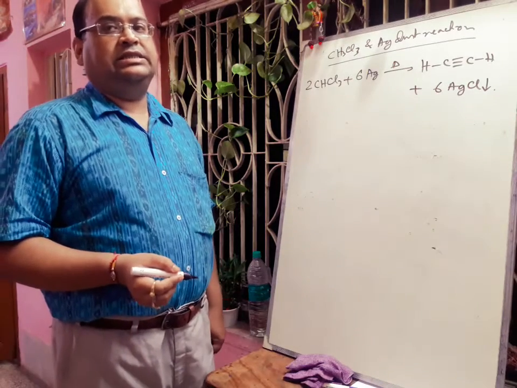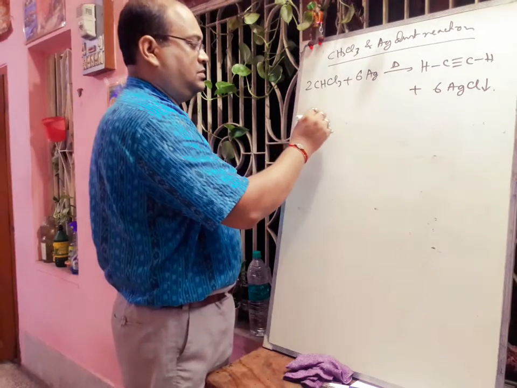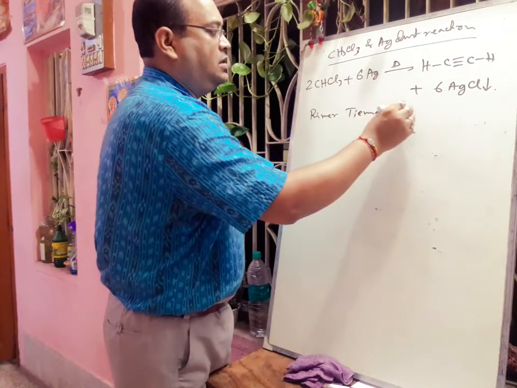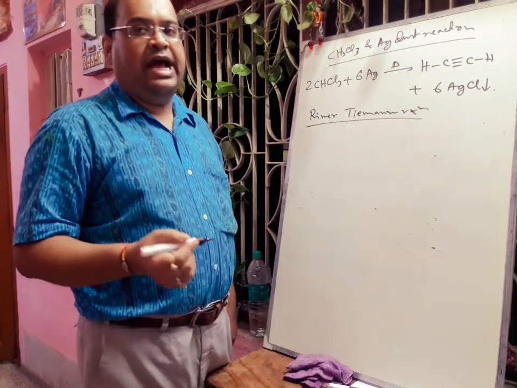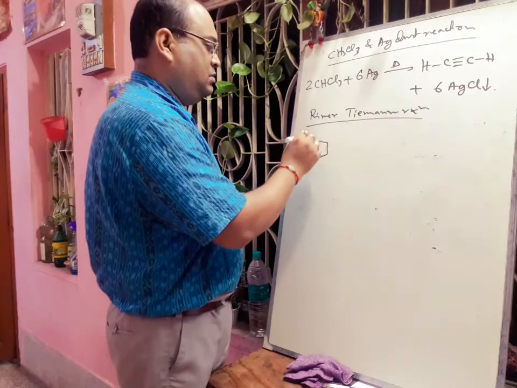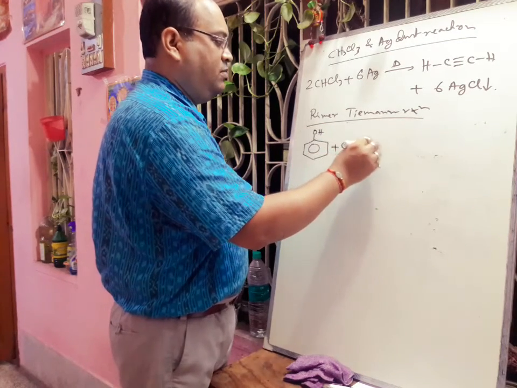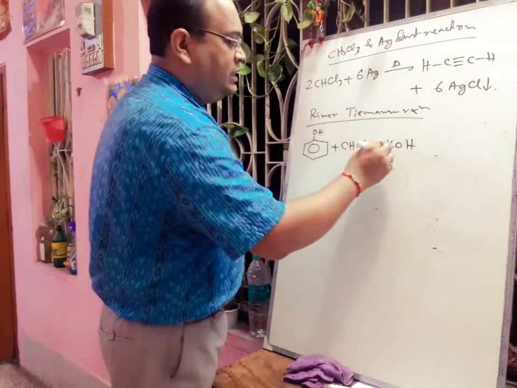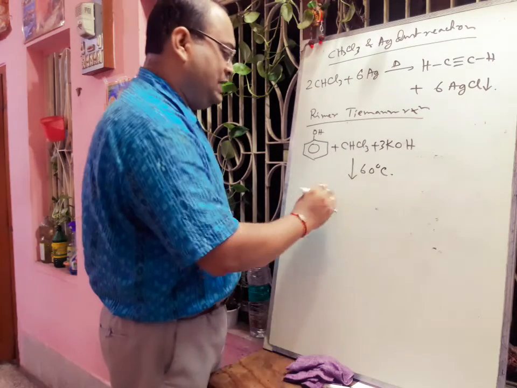Next we will discuss the Reimer-Tiemann reaction. Chloroform will react with potassium hydroxide and phenol. So phenol plus chloroform plus potassium hydroxide, then at 60 degree centigrade it will form salicylaldehyde.